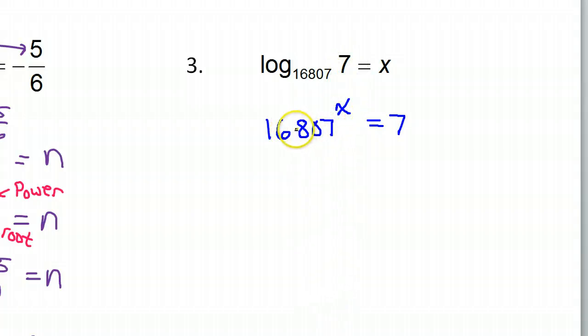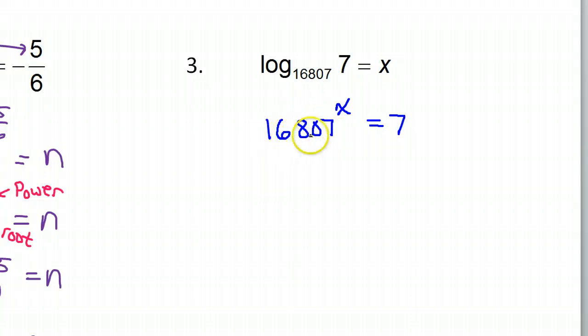Now we see that we're going from a bigger number to a smaller number. So this must be some fractional power. Basically, it must be some kind of a root. Square root, cube root, fourth root, fifth root, sixth root.